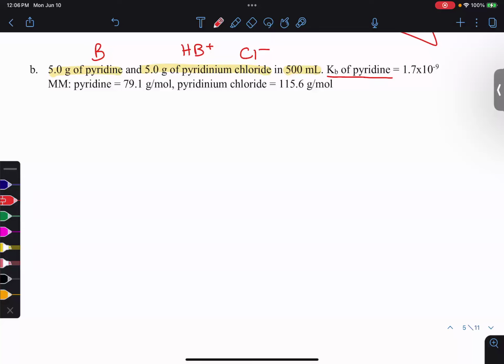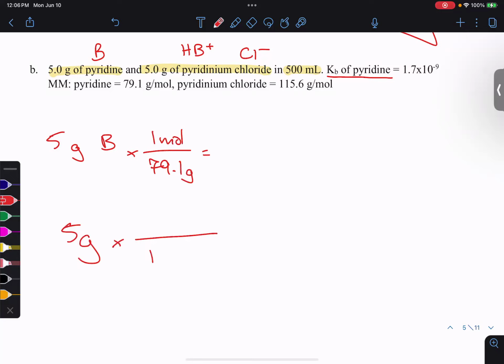So we also can use those values straight into the Henderson-Hasselbalch equation. But we're not going to do 5 over 5. We got to convert both of those into mole amounts first. So that's the hard part. So 5 grams of pyridine. I give you the molar mass of pyridine is 79.1. So that's the base. And then 5 grams of pyridinium chloride.